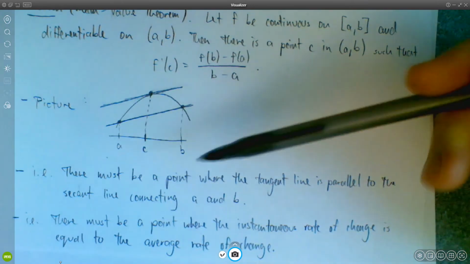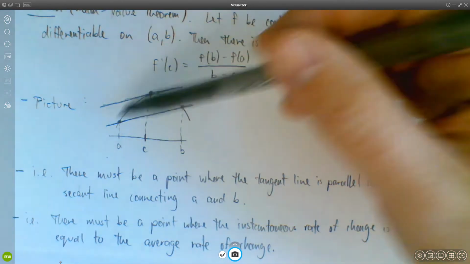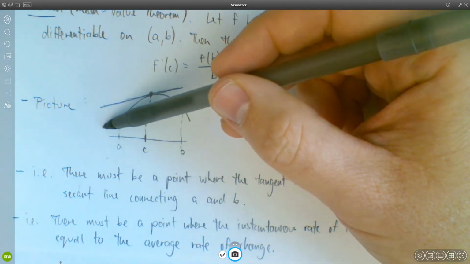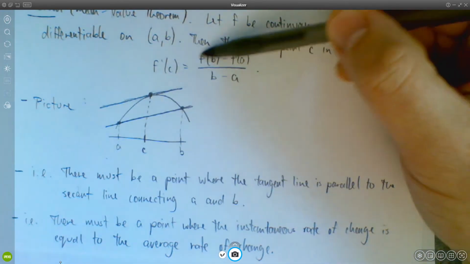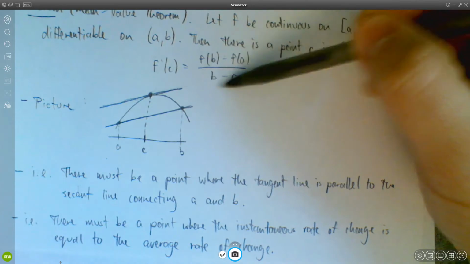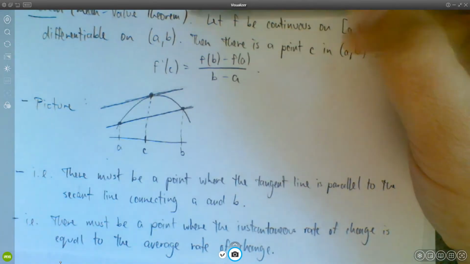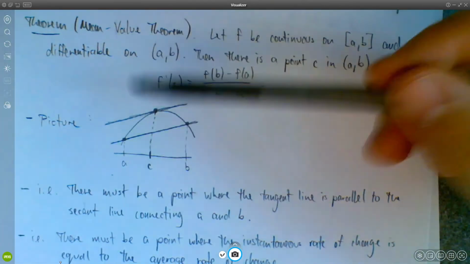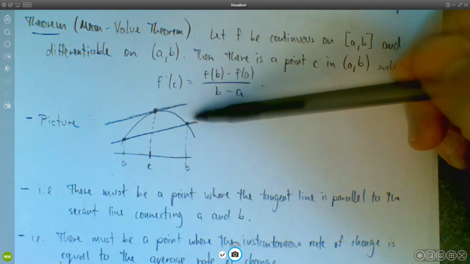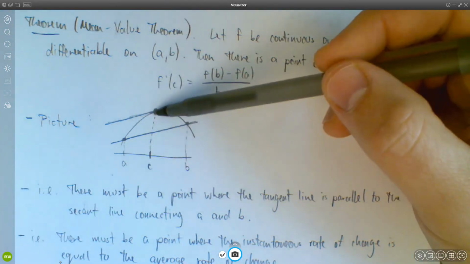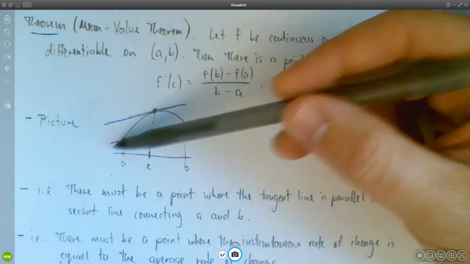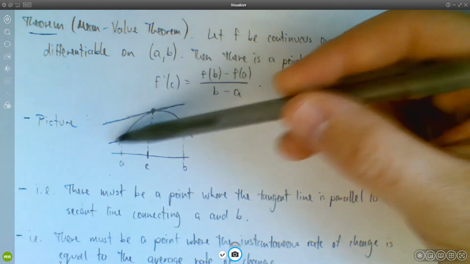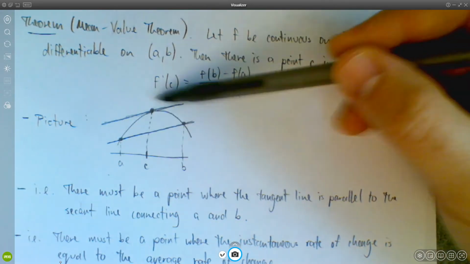Right? So pictorially it would look like this, right? So you've got your secant line between a and b. The slope of this secant line is f of b minus f of a over b minus a. And what the mean value theorem tells us is that there must be a point c somewhere in between a and b such that f prime of c, so the slope of the tangent line, is equal to the slope of the secant line, right?